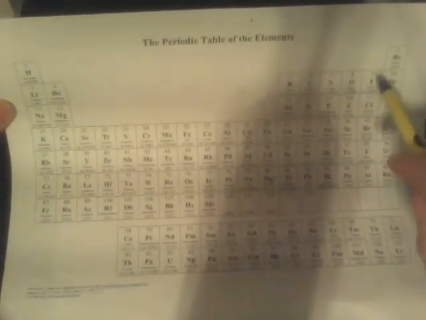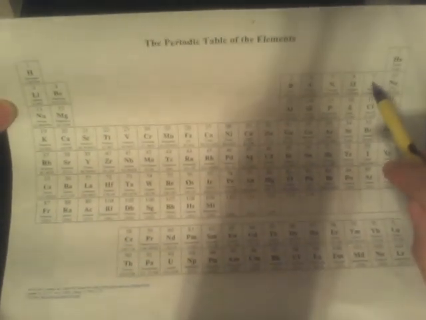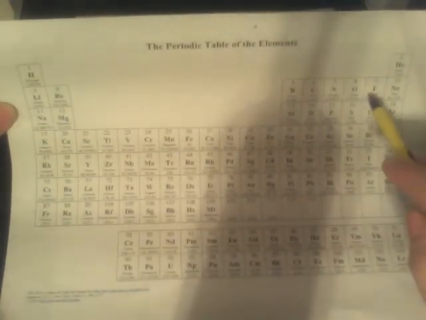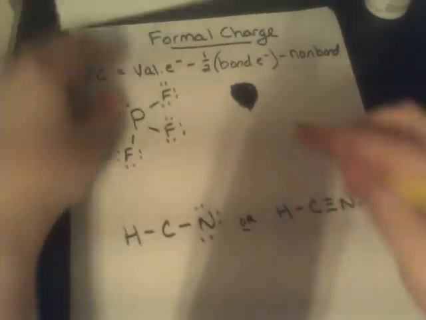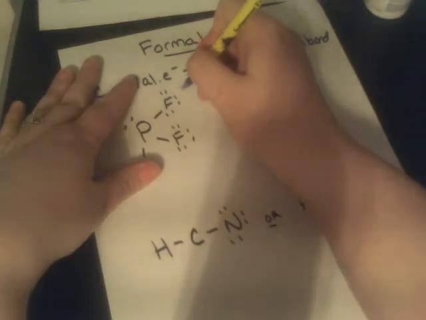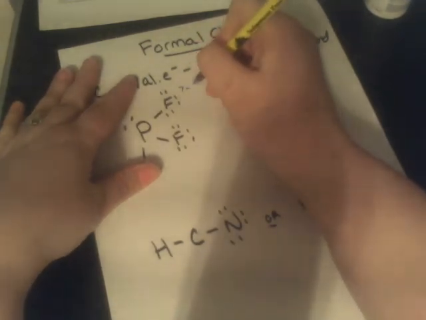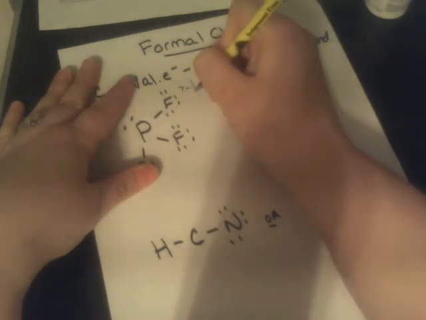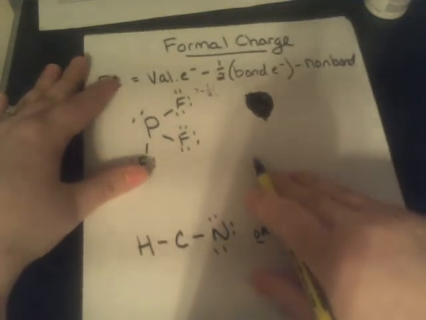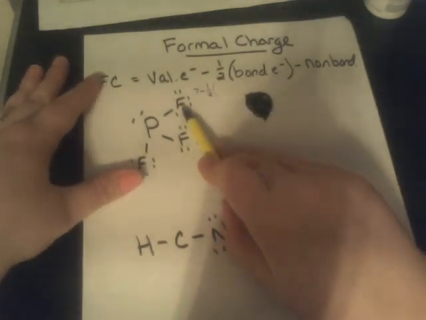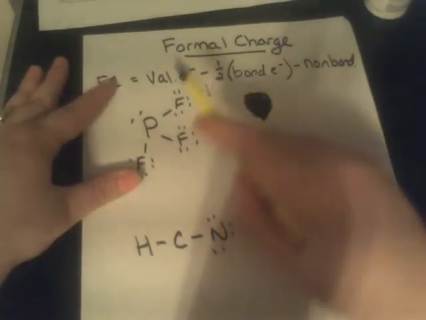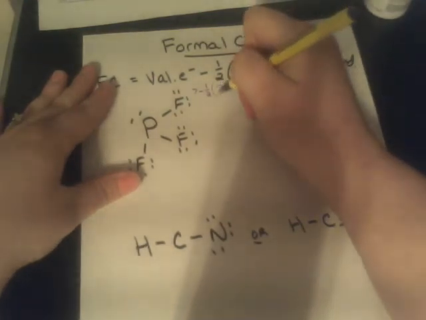Fluorine has how many valence electrons? We should be getting pretty good at this point. It has 7. So F is going to be 7 minus 1/2 times, now how many bonding electrons are around F? There are 2. 2 of them are participating in a bond.